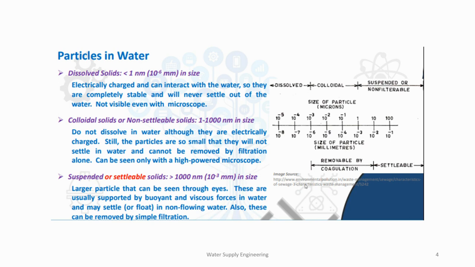When it comes to colloidal particles, as we saw earlier, they range between 1 nanometer to 1000 nanometer and are visible through a high power microscope but cannot be removed through simple filtration.